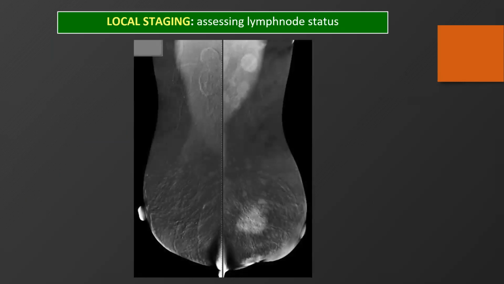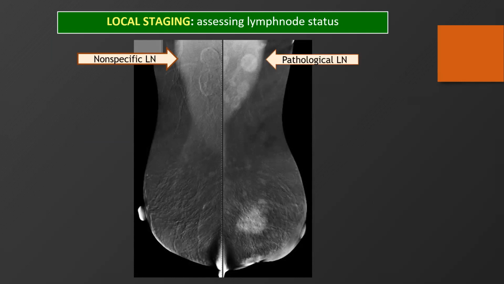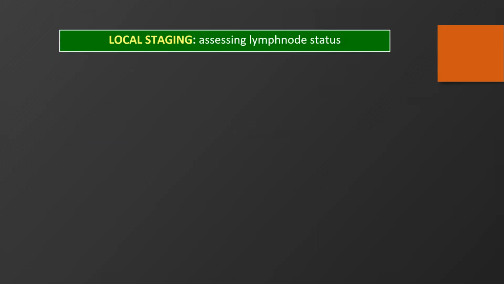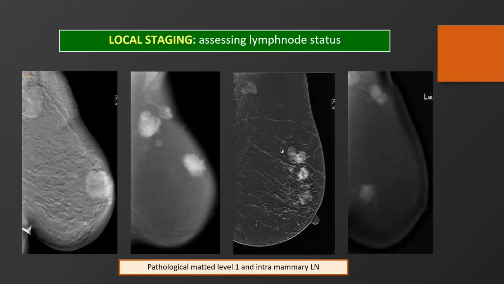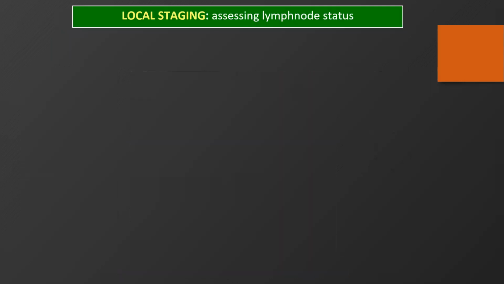This is an example to show you the difference between an enlarged but non-specific lymph node with a preserved hilum and an enlarged pathological lymph node with a muffled hilum or marked cortical thickening. And these are 4 other examples showing amalgamated axillary and intramammary lymph nodes.